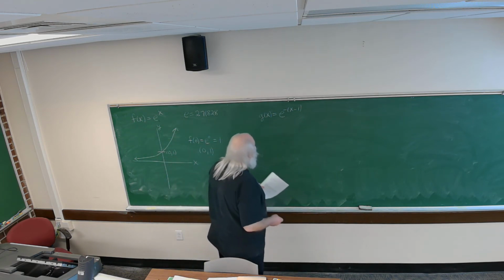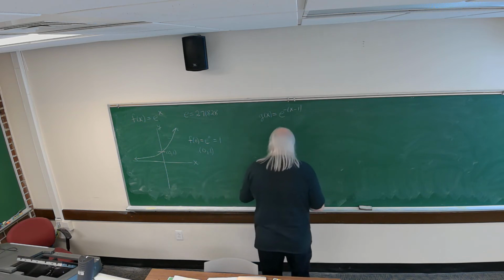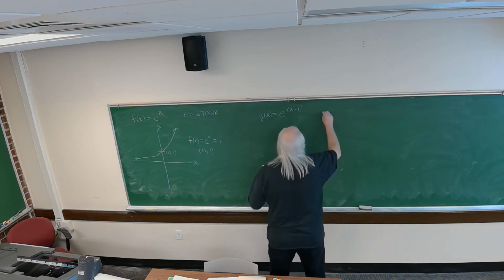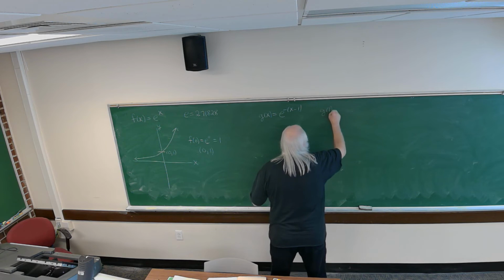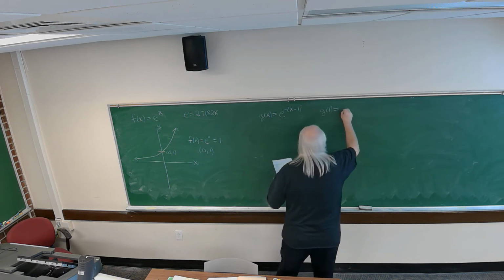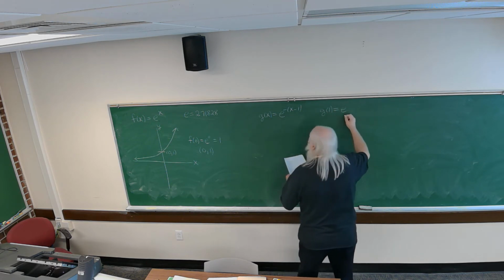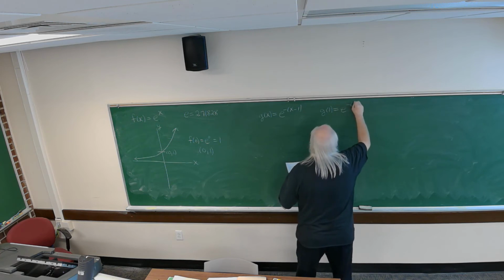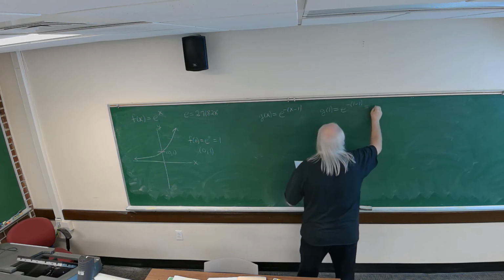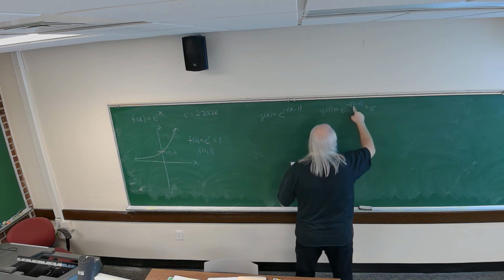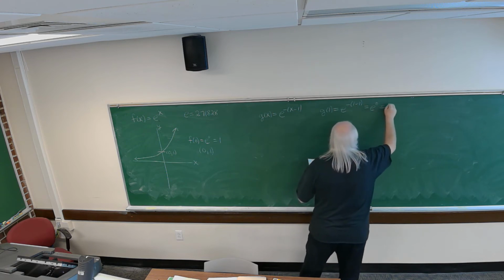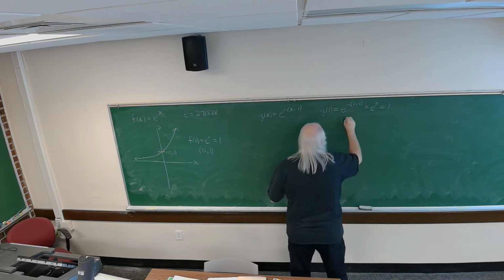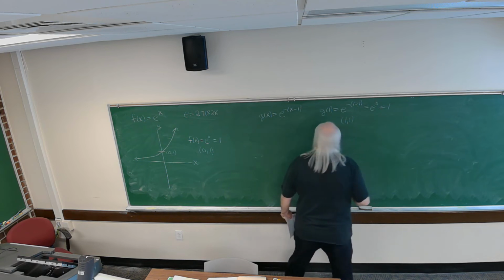So if you evaluate this function at x equals 1, we have g of 1 is equal to e to the minus 1 minus 1 power. 1 minus 1 is 0, minus 0, 0, so we have e to the 0, which is 1. So the point 1, 1 is on the graph.